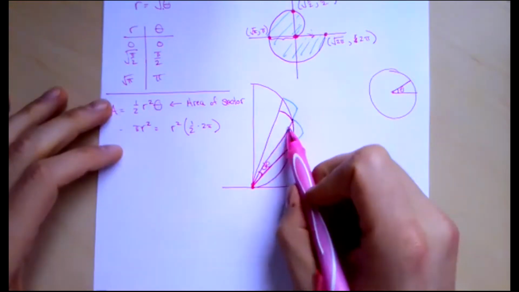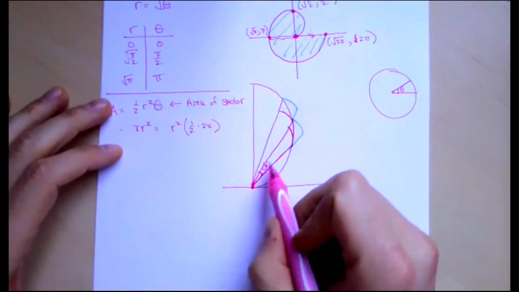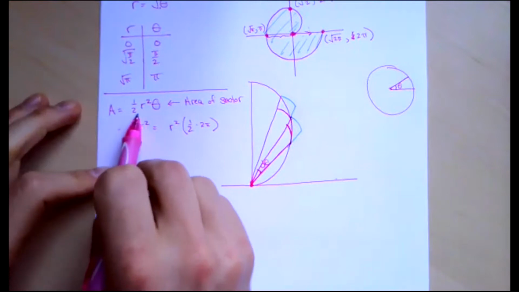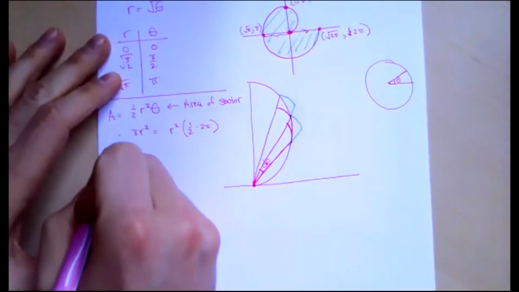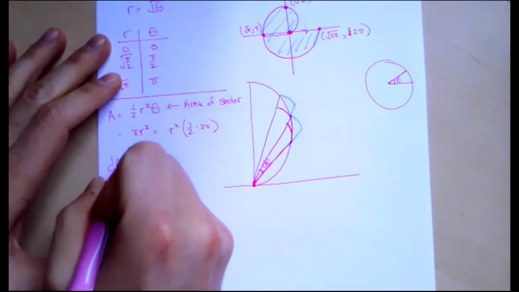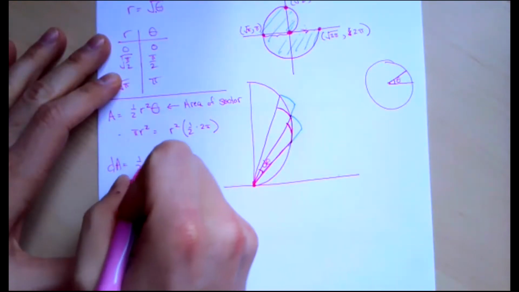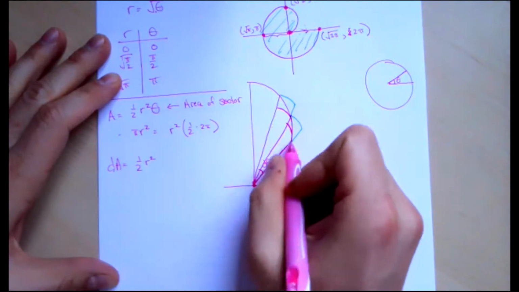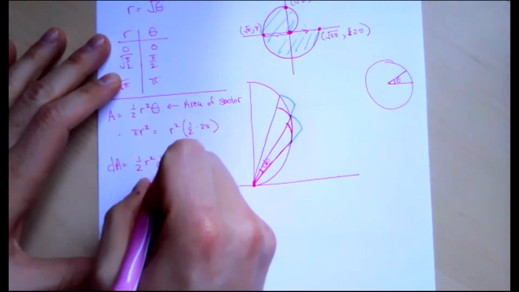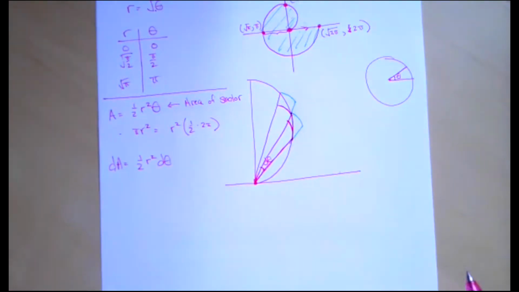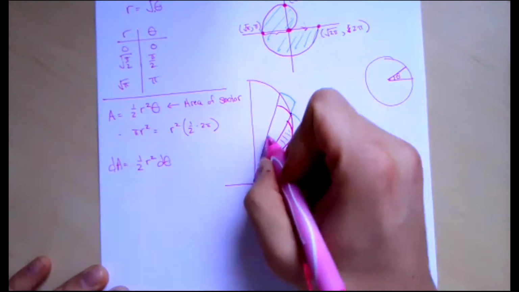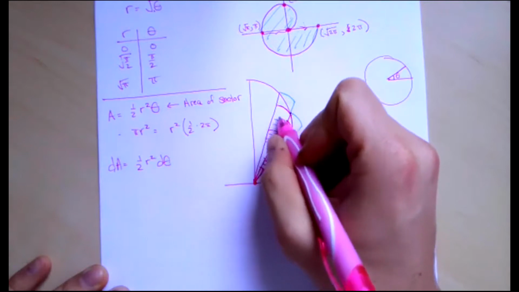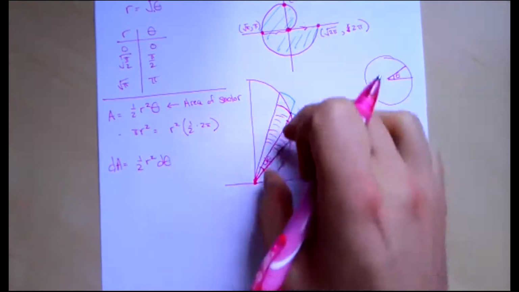The key point is I can at least approximate the area with these slices of 1/2 r squared theta. And actually what we would have then is that our area differential is going to be 1/2 r squared times the small angle in that. So of course, each of these slices is going to be like a dA. And then what do we have to do? We add all those up.